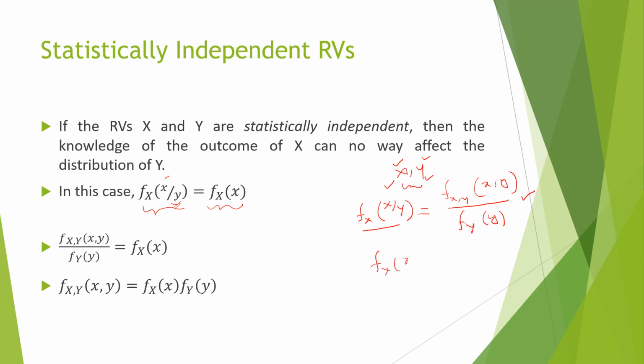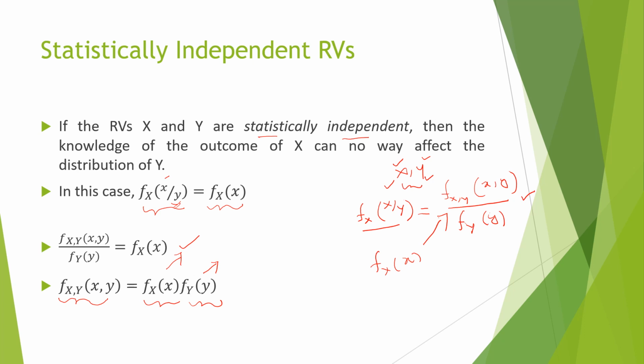Now this is equal to this, therefore we can rewrite the equation in this way. When we expand, the joint probability density function is given as the product of marginal PDFs. This is known as the marginal PDF of y, and this is the marginal PDF of x. So the joint PDF is given as the product of marginal PDFs, provided x and y are statistically independent.